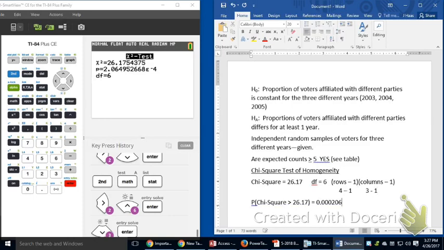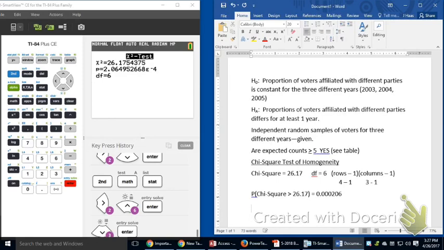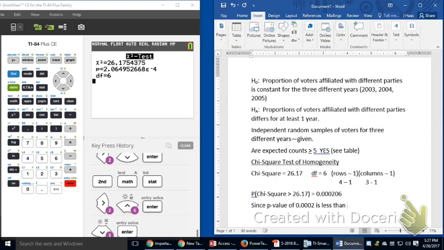So that would have been 3 times 2. That's where the 6 comes from for the degrees of freedom. There's your chi-square value. So since my p-value of 0.0002 is less than, we don't technically have an alpha, but we'll make one real quick. We'll say an alpha of 0.05. That's pretty standard.